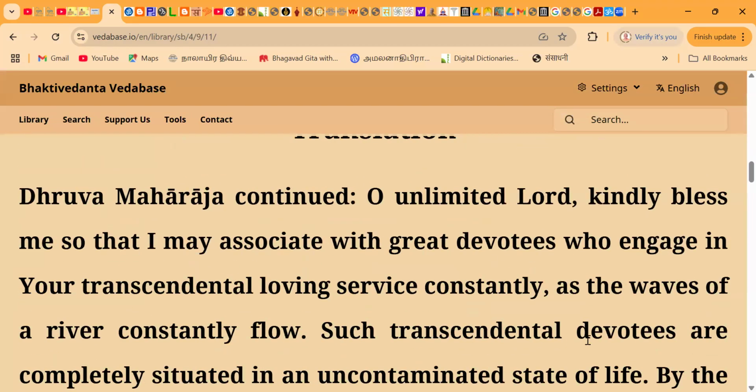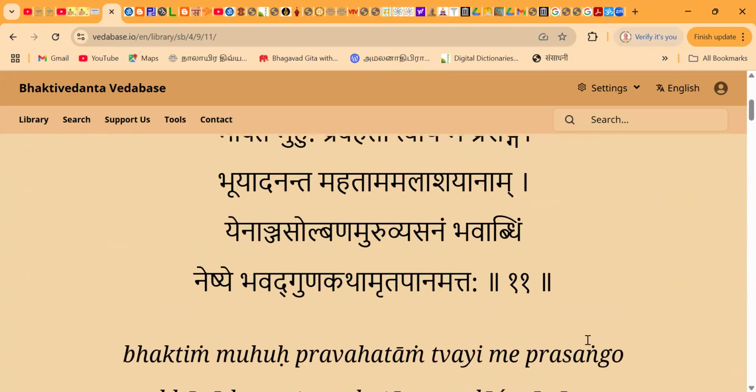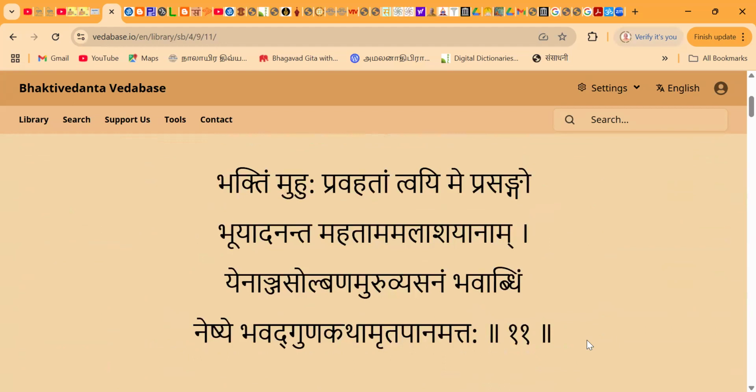So Prabhuji, here you will say muhuhu, right? Because of the first word, bhaktim muhuhu. If I pronounce it separately, I will say muhuhu. But if I am saying the entire sentence, after the visarga there is a pakara.